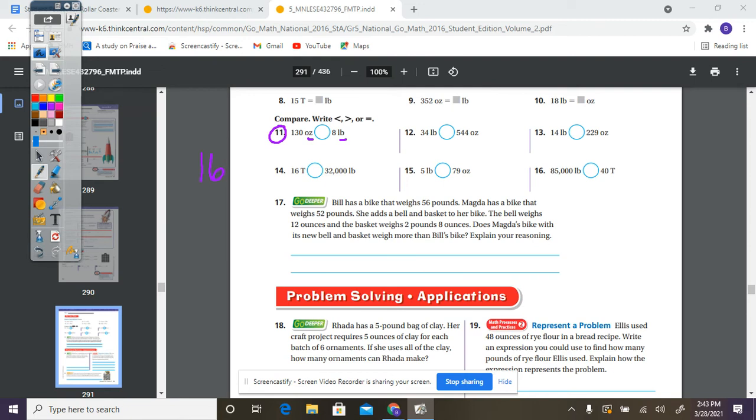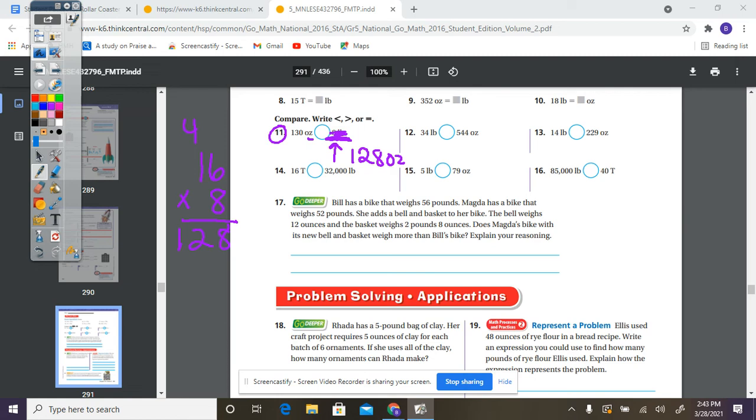And you're multiplying because we're going to change the bigger unit to smaller units. So I need to do 8 times the 16. That's the conversion. So 8 times 6 is 48. 8 times 1 is 8 plus 4 is 12. So I got 128 ounces compared to 130 ounces.